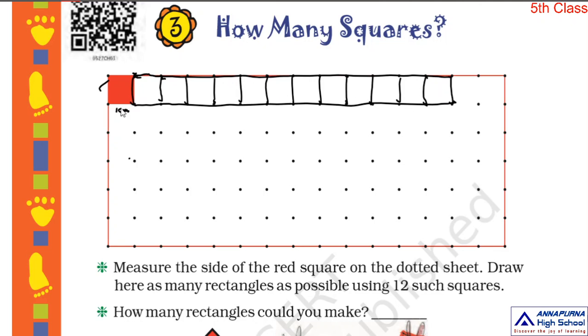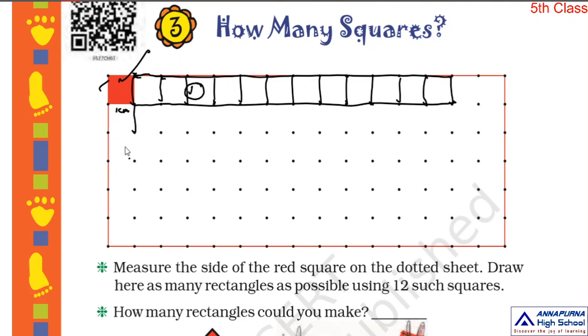By using 12 such squares, we can draw a rectangle. So let it be the first rectangle. Like that, by using one more, we can draw like this also.